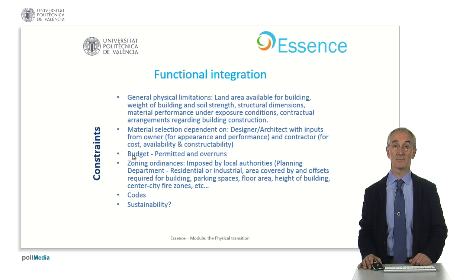The budget, one way or another, is one of the most important constraints for the building. And these ordinances that we spoke about, even at material selection level, but again, the codes and zoning ordinances when considered at building level. These are the key elements for our equation and for solving the final sustainability of the building.